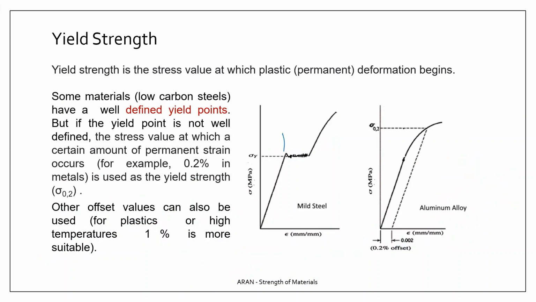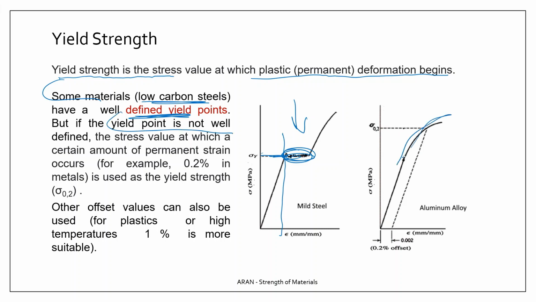At the end of the elastic region, the yield strength is reached, and then the plastic or permanent deformation begins. This yield point is, for some materials, for example low carbon steels, a very well defined yield point. For other materials, for example aluminum, this yield point is not well defined. So you have to determine where to take the yield point.